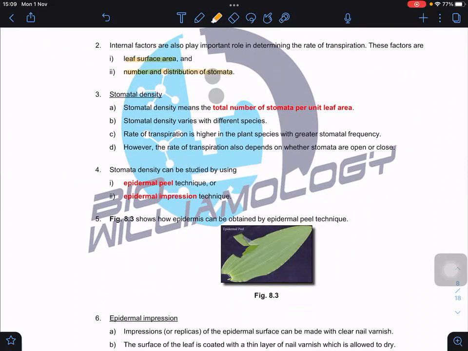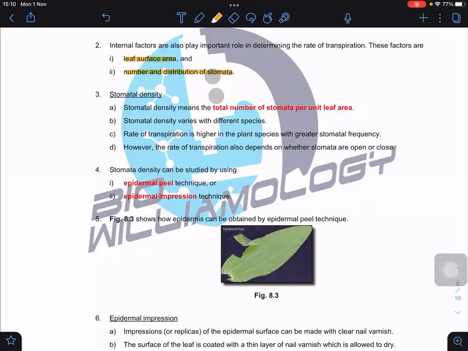Generally, if the leaf surface area is high, there is more evaporation from the leaf surface, and the number of stomata will also be more. Clear or not? So first we look at the leaf surface area, followed by the number and distribution of the stomata.